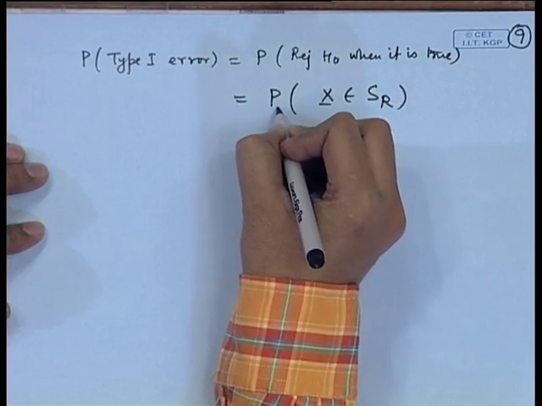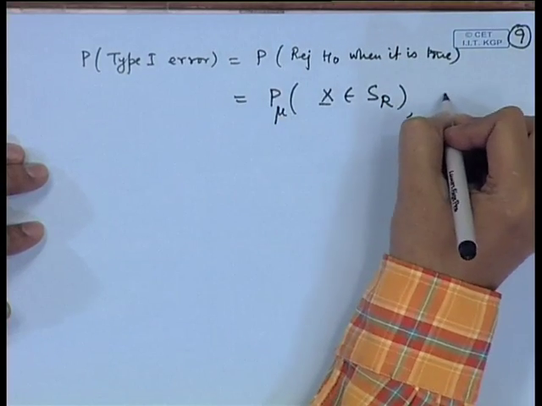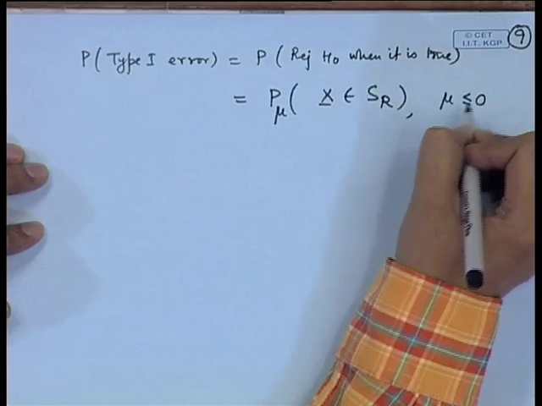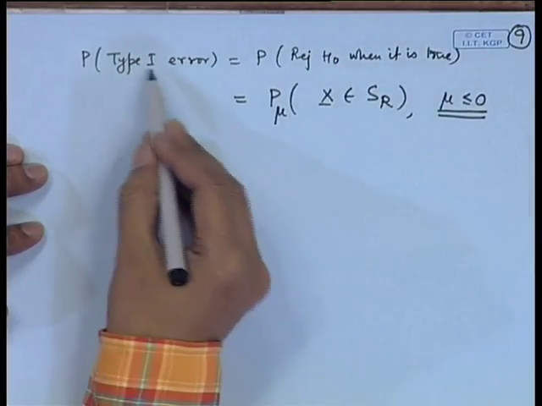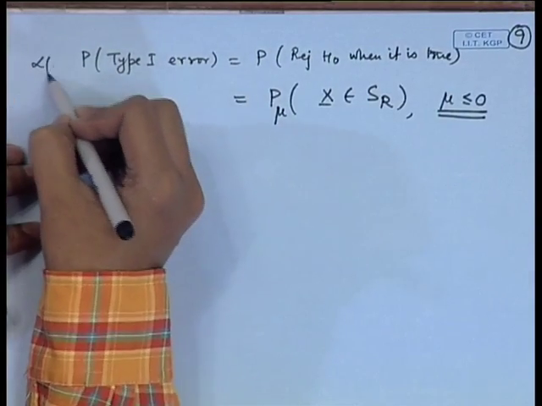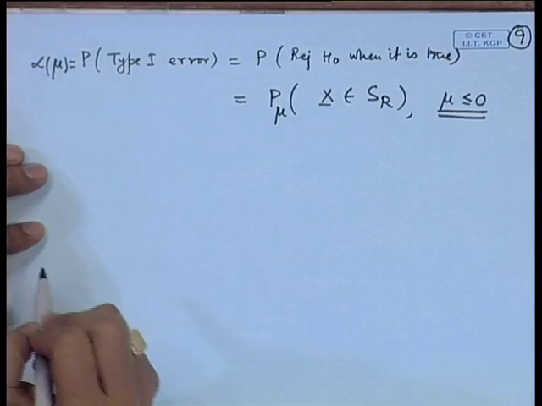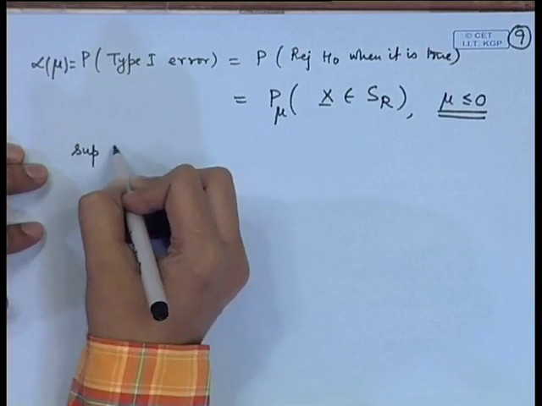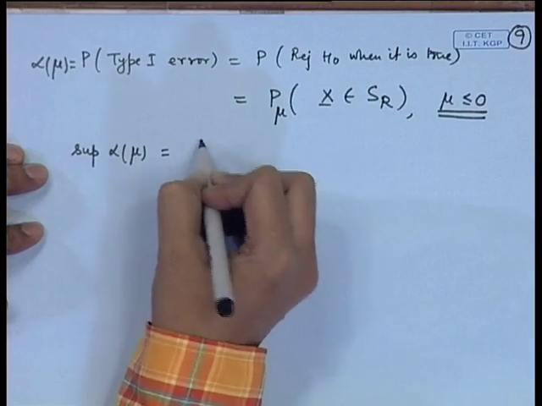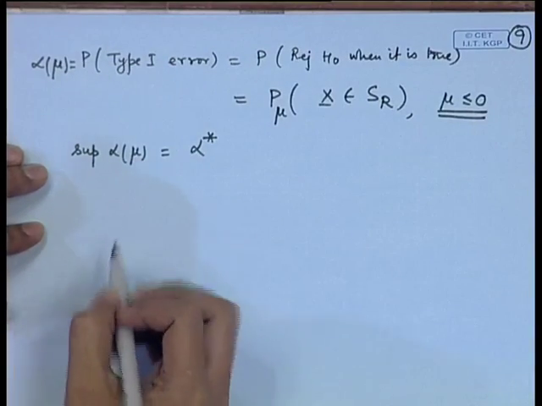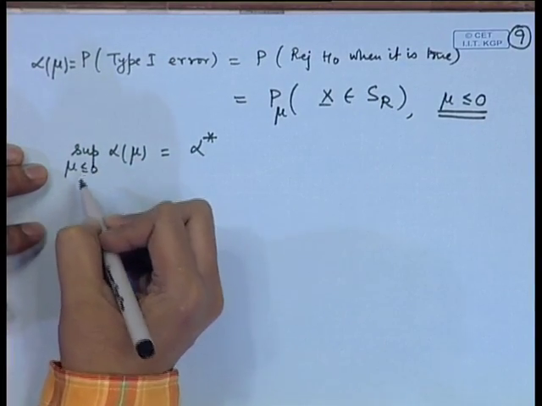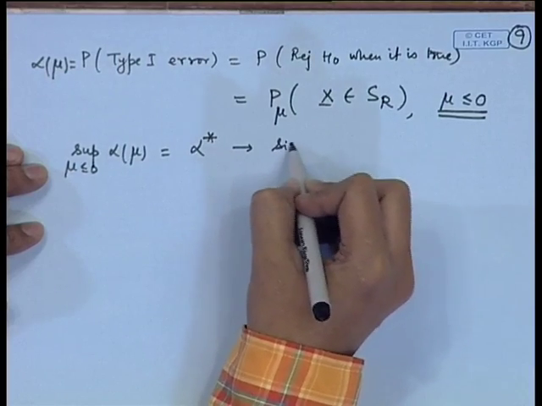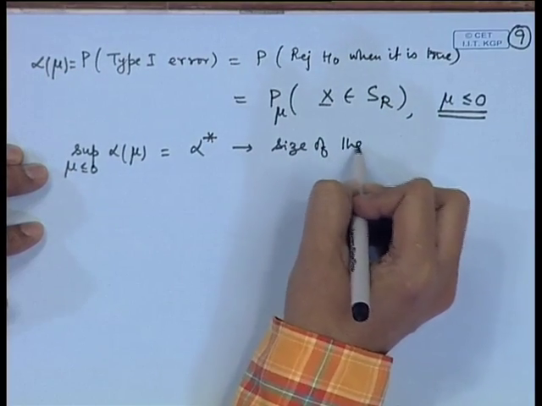True means the value is mu and mu is less than or equal to 0. So, here the type 1 error is actually a function of mu. So, what one does is that one takes the maximum value of this, let us call it say alpha star, for mu less than or equal to 0. This is called the size of the test.